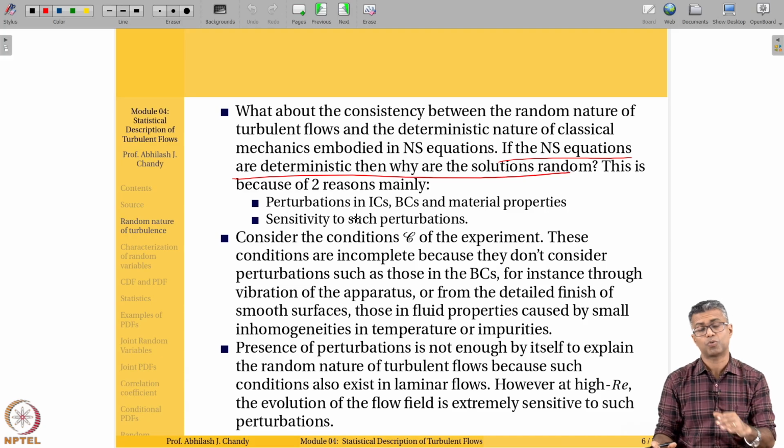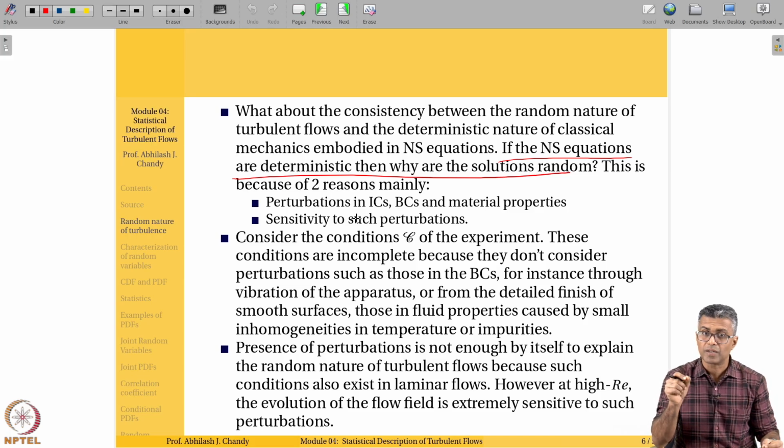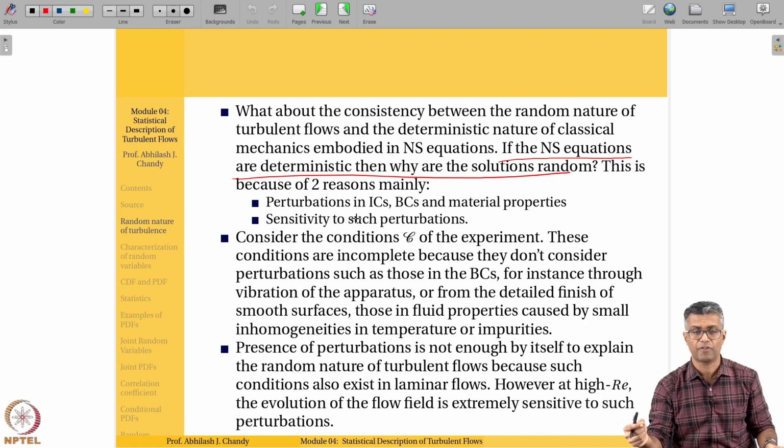So the impurities could affect the fluid properties. That could affect the heat transfer, for example. So it's these kinds of uncontrollable things in an experiment that create differences when you run the experiment multiple times. That roughness could lead to different kinds of behavior.